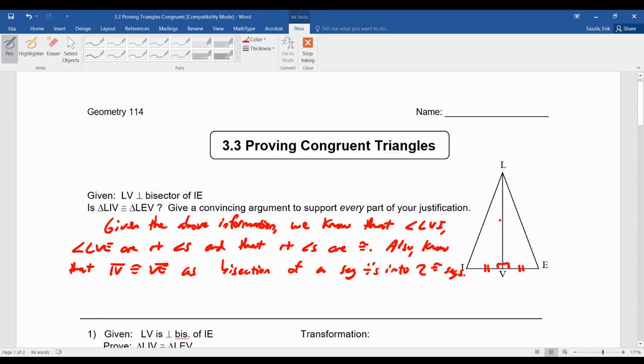But if I did SAS, LV is obviously congruent to itself, right? Yeah, it is, isn't it? And that would be our third side, and we'd have congruent triangles. So finally, LV is congruent to LV, and this is called the reflexive property.